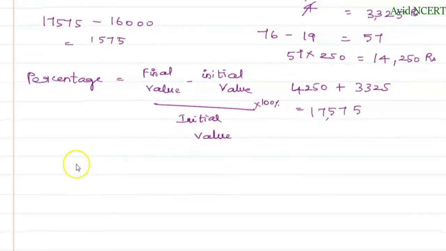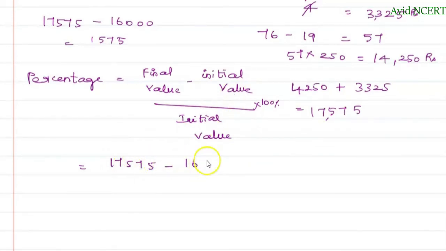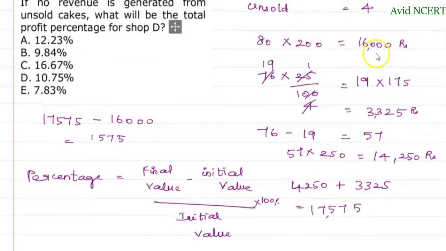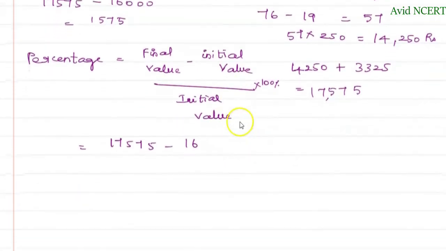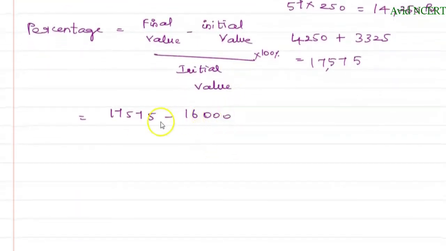So it equals the final value, 17,575, minus the initial value, 16,000, which is the amount spent for making these cakes, divided by the initial value, 16,000, times 100.